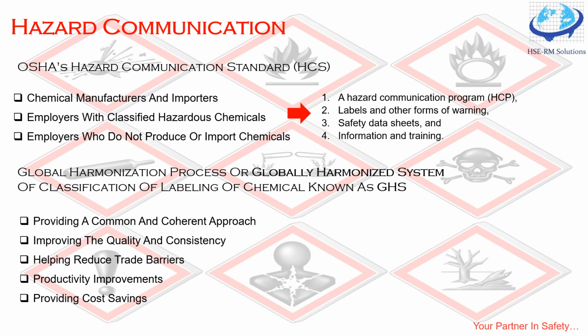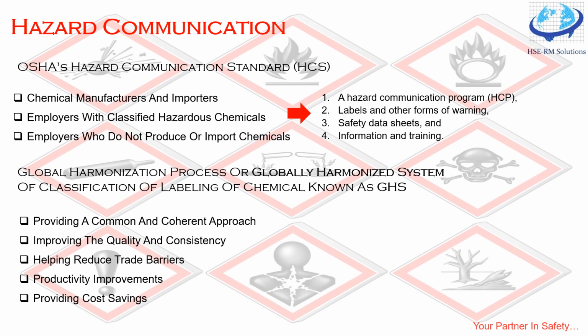Now, as mentioned, employers are required to provide information about the hazardous chemicals employees are exposed to. How can it be communicated? It will be communicated by a hazard communication program, which is called HCP, labels and other forms of warning, safety data sheets, and information and training.